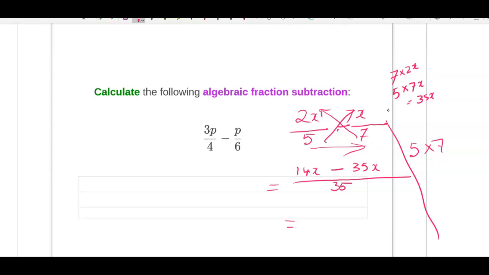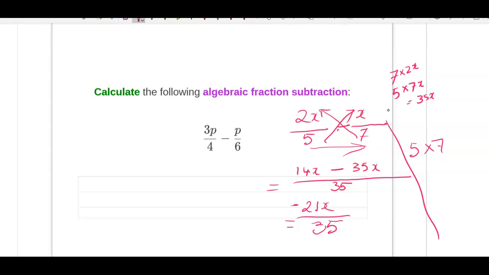You are going down. If you are thinking about elevation, you are in an elevator going from the 14th floor to under the ground, 35 floors. So you will be ending up with negative 21x. You got to be really cautious with the positives and negatives.